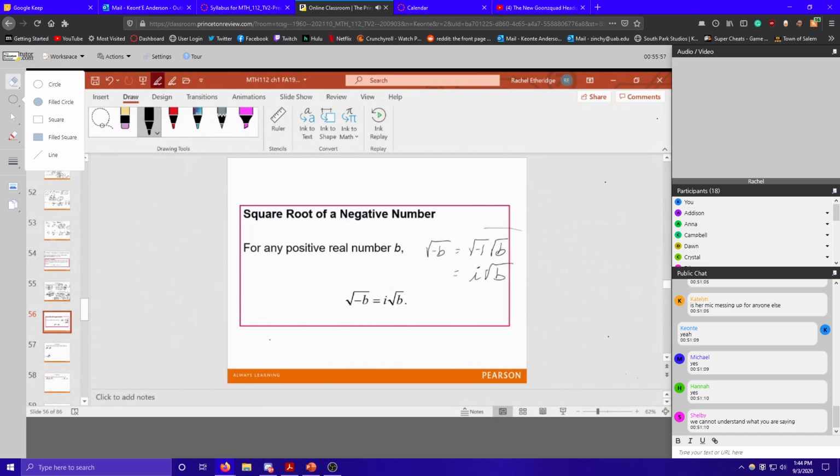But this is why you do that, because you're actually just dividing this radical up into a product of these two terms. So square root of -1 times the square root of b, and the square root of -1 becomes i. So automatically, I'm just going to start writing an i right there.